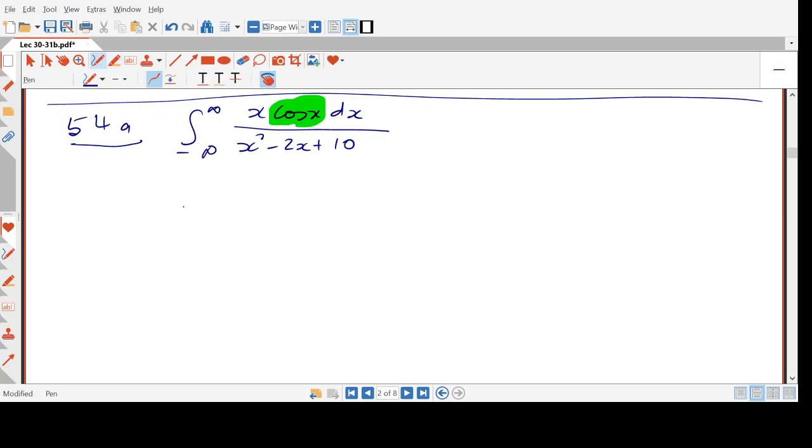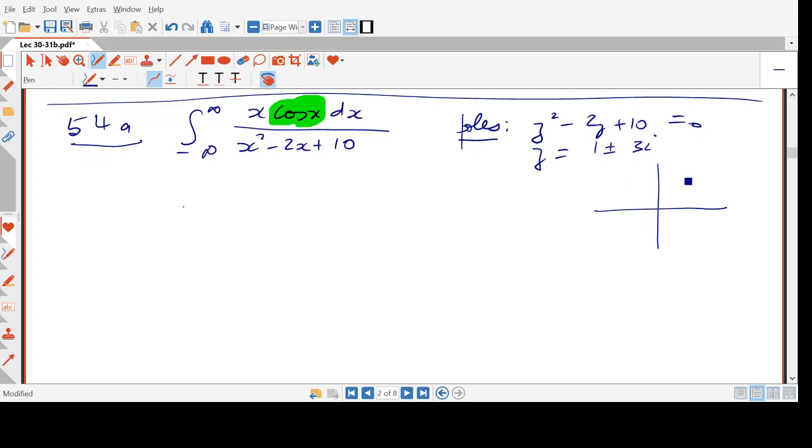So you'll have to use the fact that you can break up e to the ix into cos x plus I sine x. So the poles, let's see what type of poles. There's certainly no real poles, so we don't have to use principal value here. The poles will be z squared minus 2z plus 10 equals 0. And you can check that that's 1 plus minus 3i.